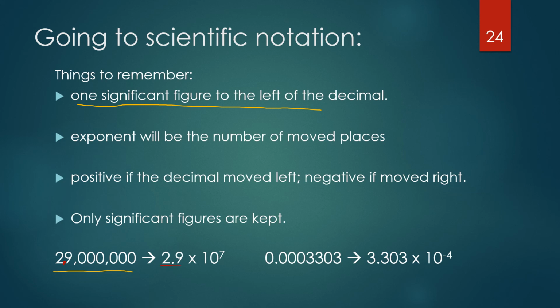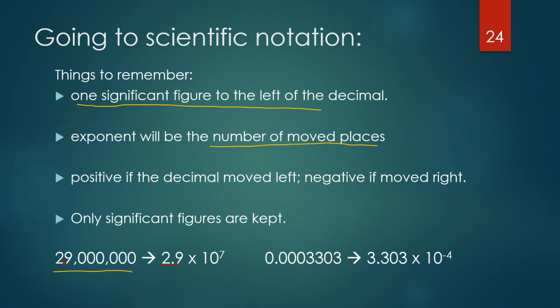All right, well, how do I figure out the exponent? The exponent is going to be the number of times that you had to move the decimal point to get it where you wanted it. So what does that mean? I just said that in this problem, I want the decimal point to be between the 2 and the 9. Well, how many places do I have to move the decimal point to get it there?